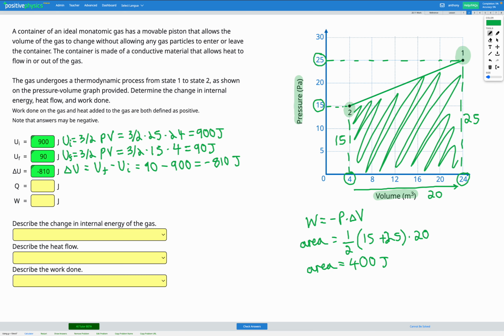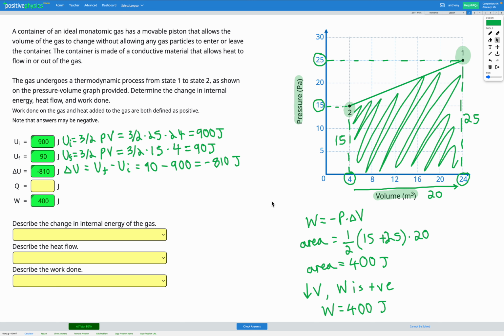So since our volume decreased, that means our work is positive. So our work is going to be positive 400 joules. If our volume had increased instead, then our work would be negative 400 joules. Awesome. So that's our work. We found it to be 400.